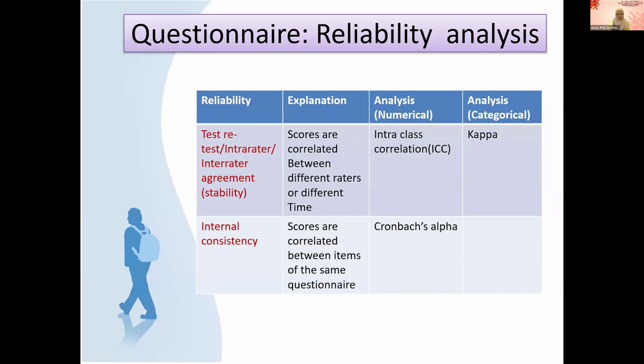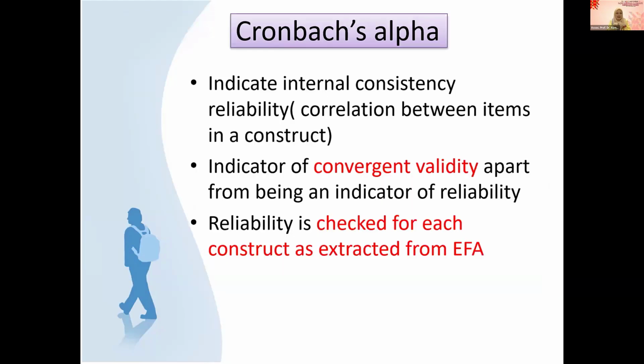That's all. Cronbach's alpha indicates internal consistency, the correlation between items in a construct, and is an indicator of convergent validity apart from being an indicator of reliability. And of course, after you do it, you have to check by domain.